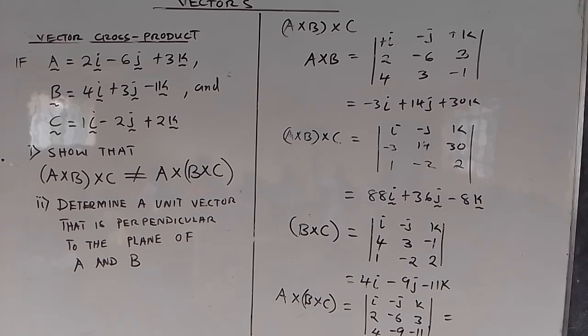Number 8, then vector B, number 2, 3-dimensional, number 1. Then the X there is 4, then the Y there is negative 9, then the Z there is negative 11.